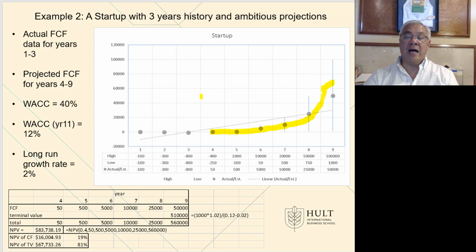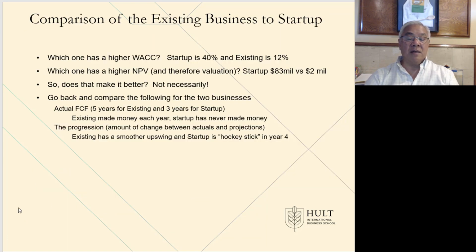This is what we call a hockey stick. A hockey stick is like that, right? That's more dramatic hockey stick. But this shows that same pattern of stay with me for a while, where I'm making no money, losing money, then making a little money, then more, and then boom, I make a lot more. So here, the pattern is that the existing has a smooth upswing, and then startup is more of a hockey stick in the final year.